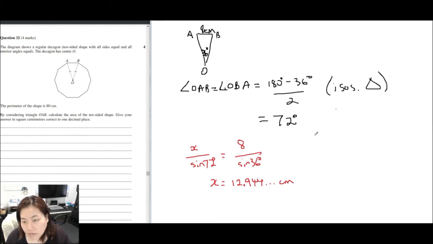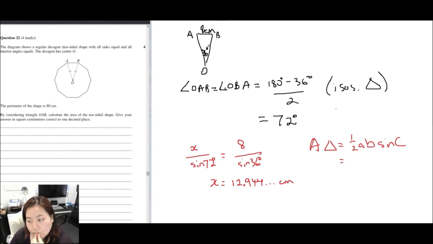Okay, now we can find the area of one triangle. So the area of the triangle is half AB sine C. Which angle do I want to use? AB sine C. Okay, half 12.944 squared times sine 36 degrees.